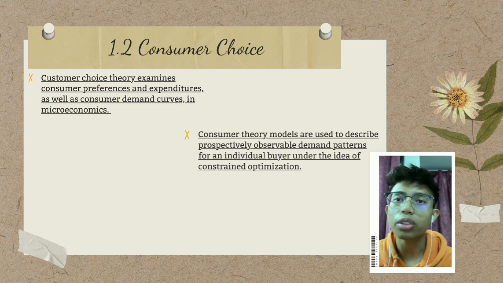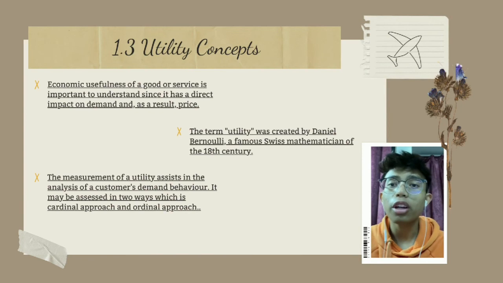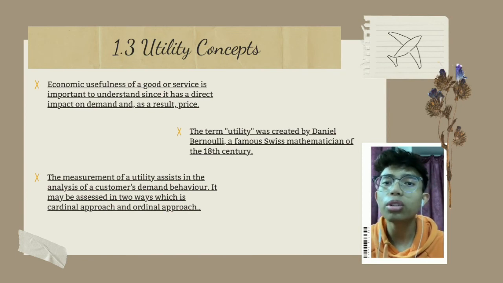Consumer theory models are used to describe prospectively observable demand patterns for an individual buyer under the idea of constrained optimization. Utility concept. The economic usefulness of a good or service is important to understand since it has a direct impact on the demand and as a result price.